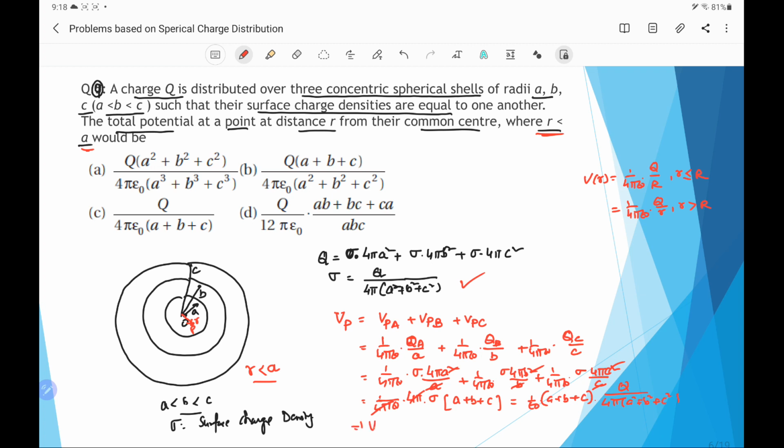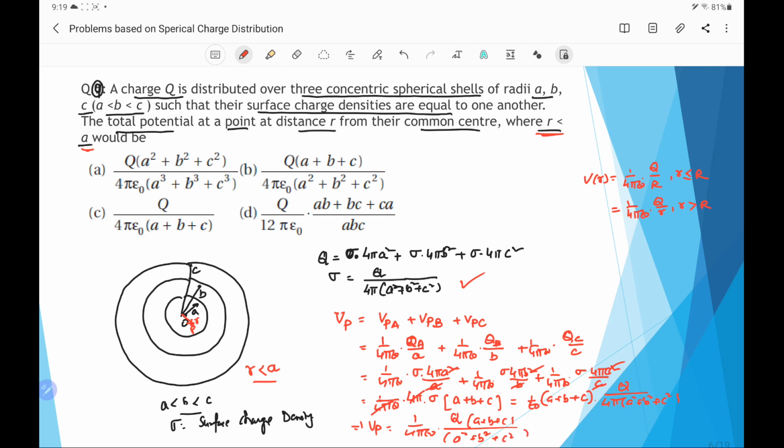Therefore, potential at P is 1 by 4 pi epsilon naught into Q, A plus B plus C divided by A square plus B square plus C square.